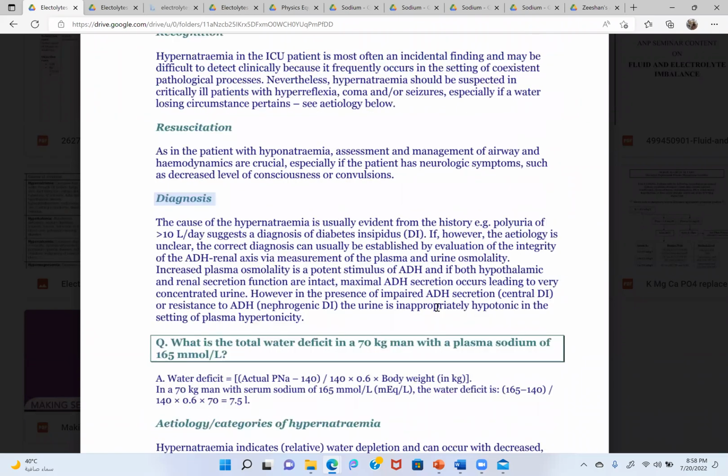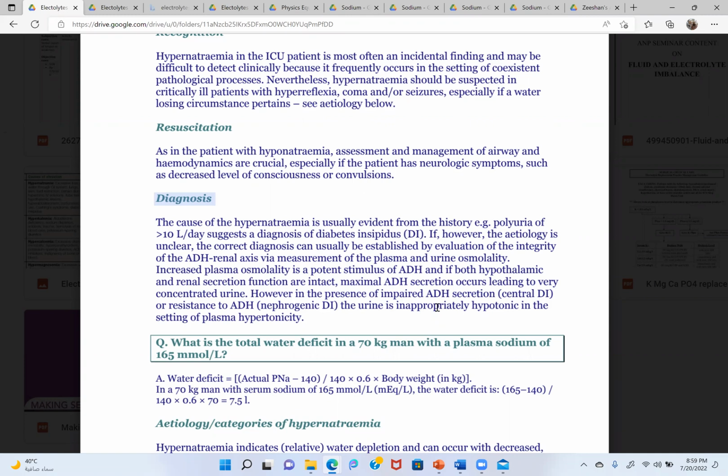Okay, the cause of hyponatremia is usually evident from the history, and if there is a problem related to ADH, usually the patient will be volume depleted. For example, in vomiting, there may be hyponatremia.